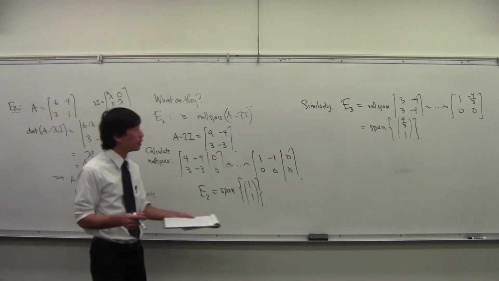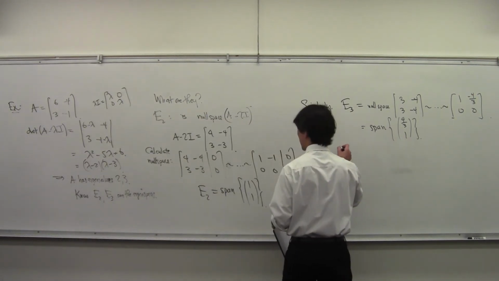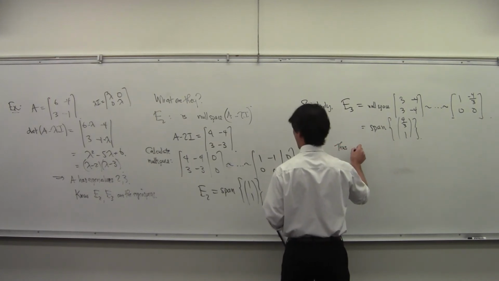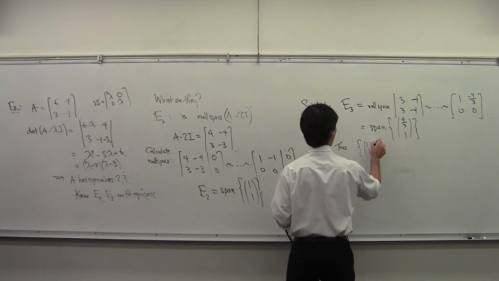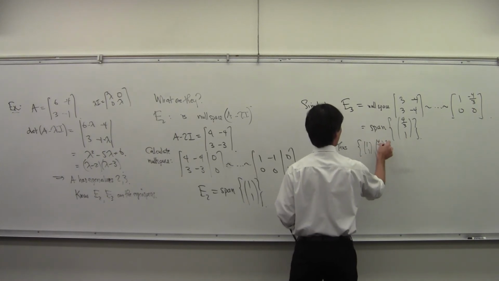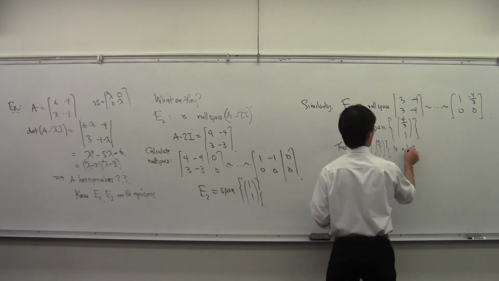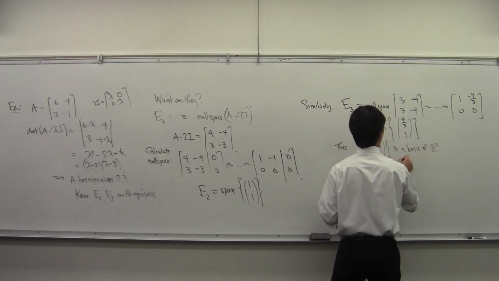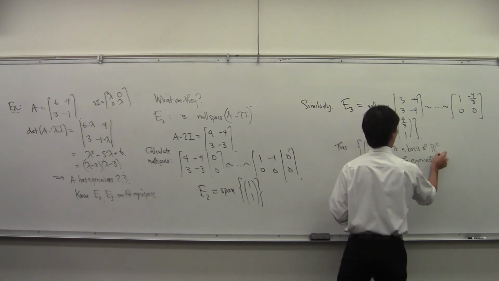Okay, and so you see this is actually really great. We have (1, 1) and (4/3, 1), which is a basis of R2 of eigenvectors of A.